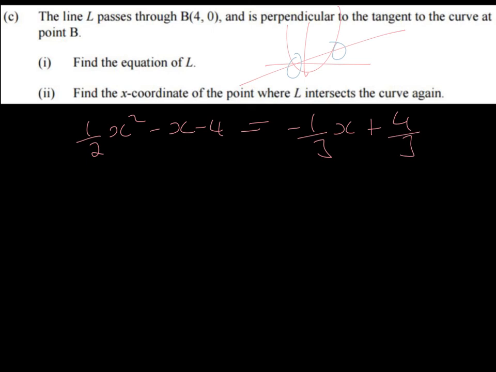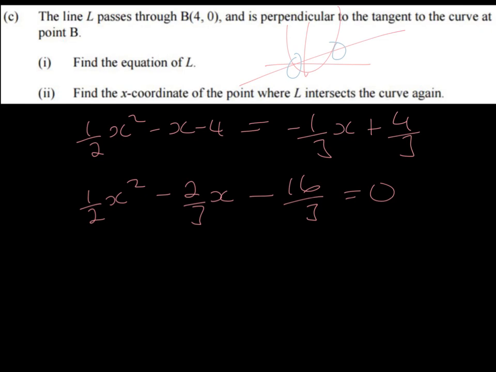And we can rearrange that, so we will get half x squared minus 2/3 x minus 16 over 3 is going to be equal to 0.